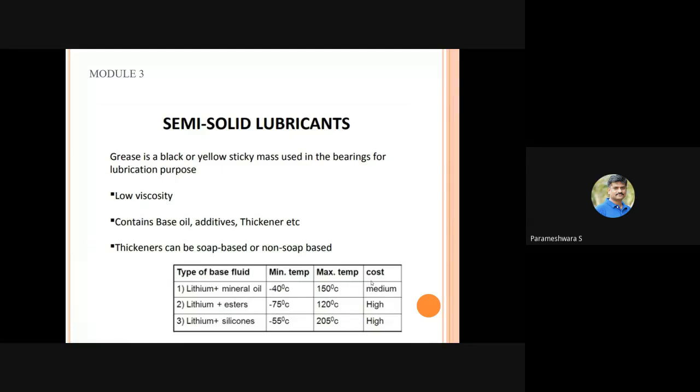Similarly, for esters, it can be operated from minus 75 degrees Celsius to 120 degrees Celsius. And for lithium plus silicones, from minus 55 degrees Celsius to 205 degrees Celsius. Similarly, the cost varies accordingly.